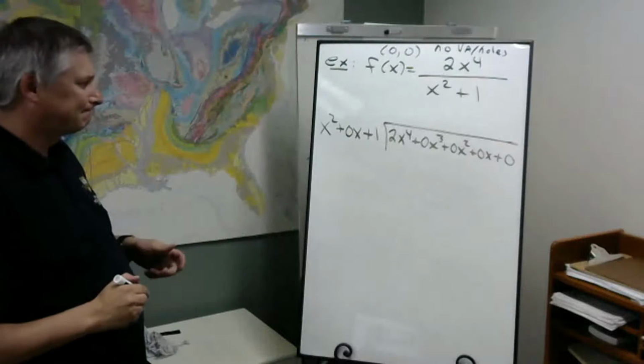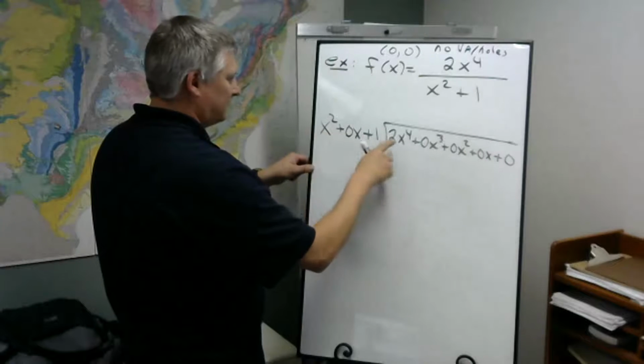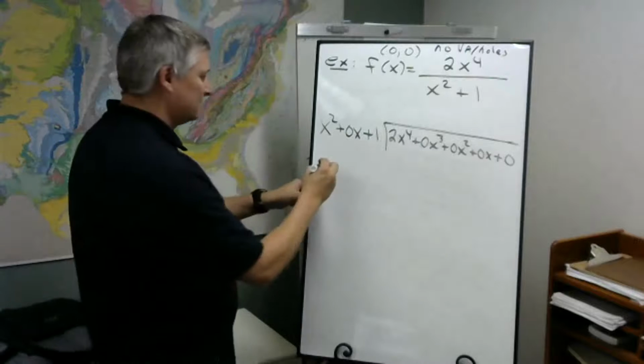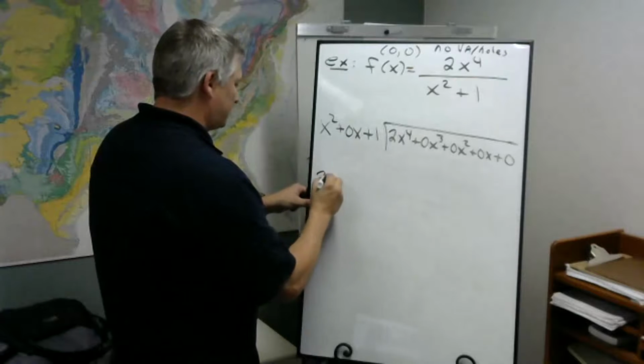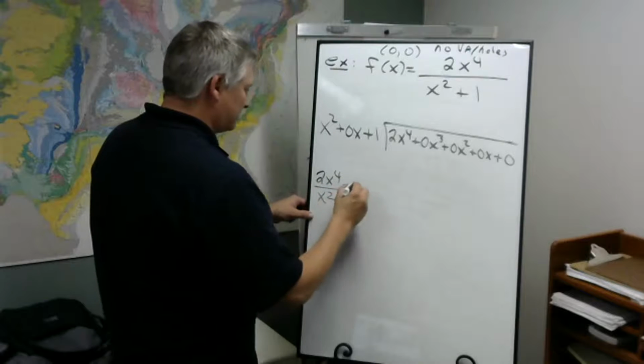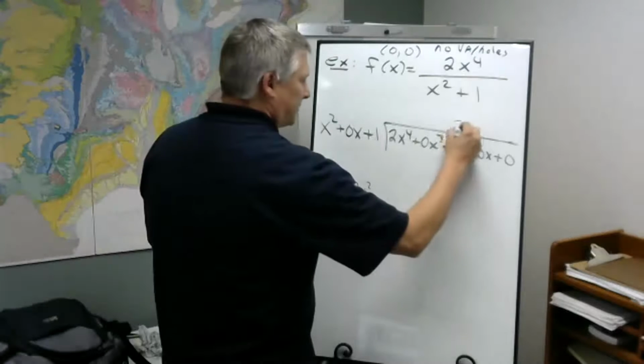All right. So our first cycle of division, take this, divide it into that. Again, lead term divided by lead term. So we get 2x to the 4th over x squared, and that'll come out to 2x squared. So we put 2x squared here.